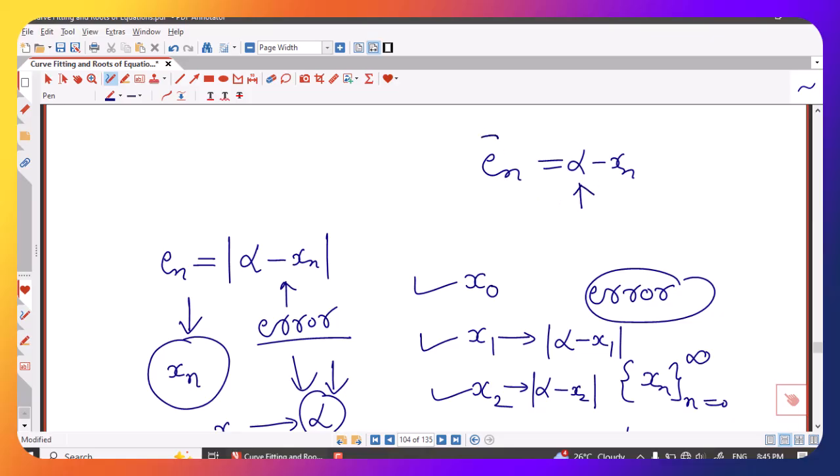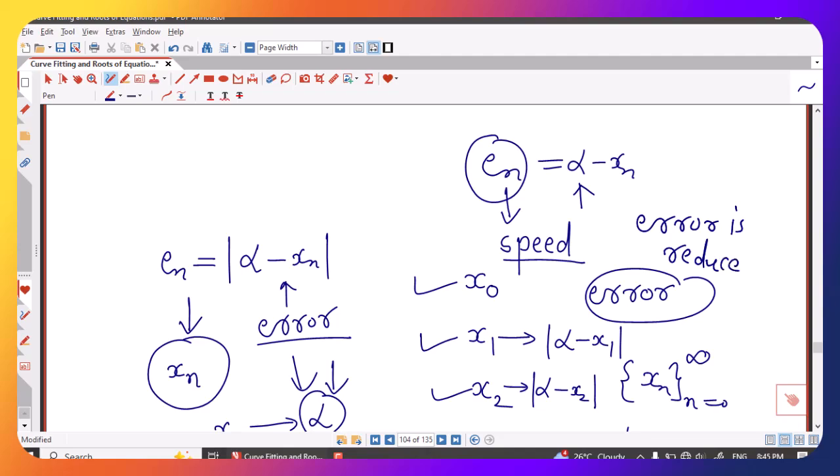So we are interested in the speed of convergence, such that this error is reduced. If the error is reduced in succeeding iterations, then we can say that we have got convergence.